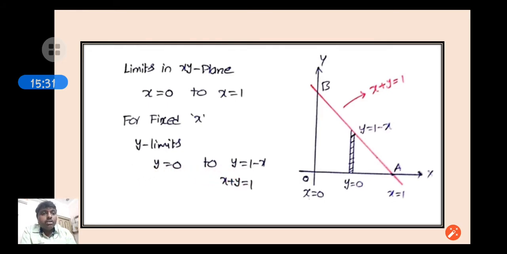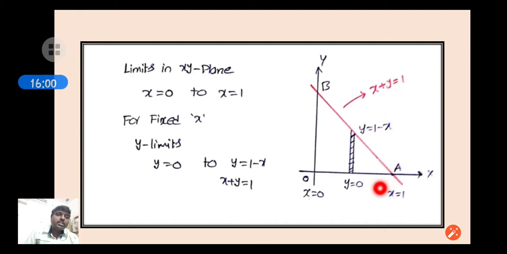Now y is equal to 1 minus x, by simplifying, you can write x plus y is equal to 1, which represents a straight line which cuts the coordinate axes at 1 comma 0 and 0 comma 1. You identify the region first, x equal to 0 and x equal to 1. This is the x equal to 0 line and this one is the x equal to 1 line.